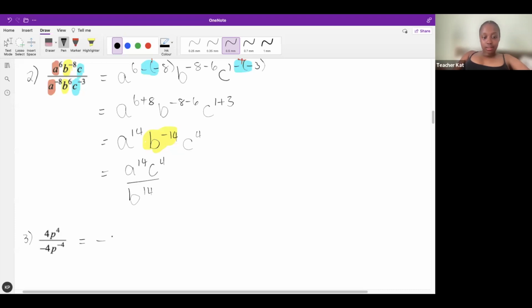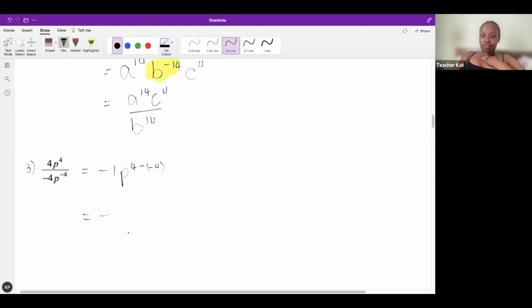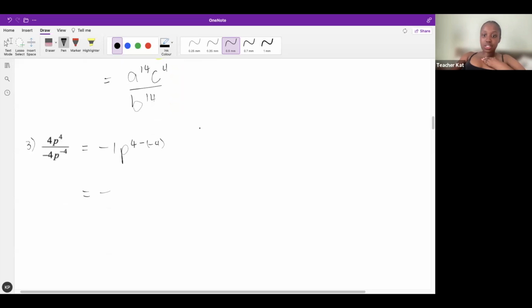That is 1. Okay. And now we have P and we are dividing. So what am I going to do with my exponent? Subtract. So it's 4 minus negative 4. We've been getting a lot of these today. So this will be equal to negative. Is it necessary for me to write the 1? Do you guys think it's necessary for me to write the 1 there, the coefficient?